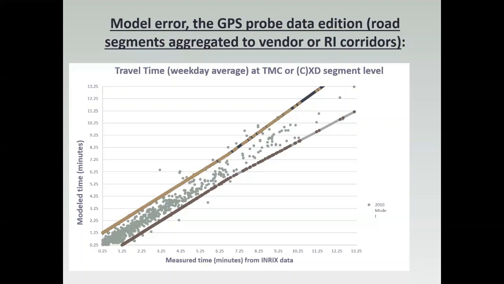And again, here's the 85-15 standard. 85% of the time the model travel time is within 15% of the observed travel time. In this case, it's actually more than 95% of the time I've been able to make that standard.